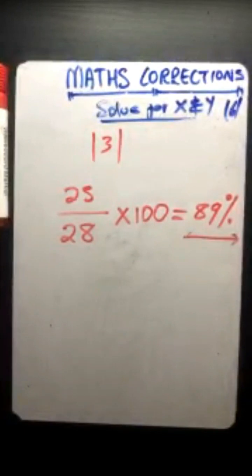So I hope I've answered the honorable member who was asking regarding the corrections for grade 10. I'm going to indicate when that will be. It's either going to be tomorrow or sometime during the week.